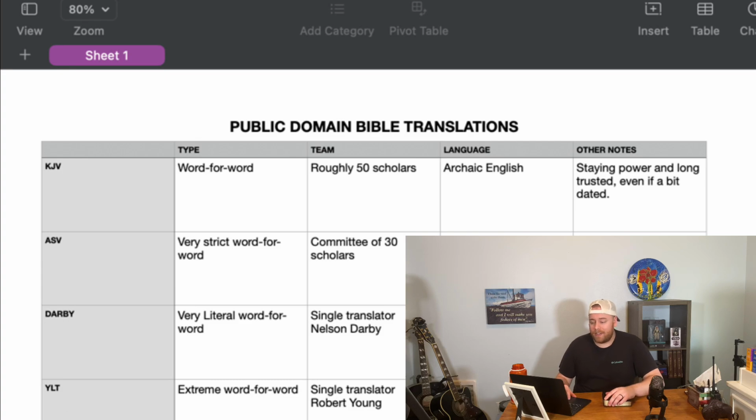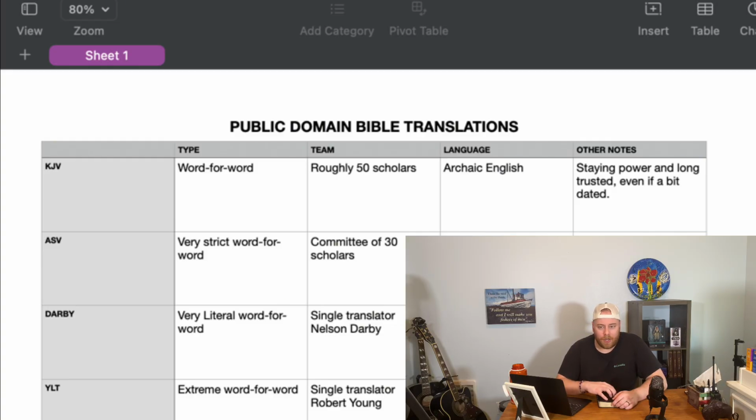It is translated into English, though it is a more archaic form of English, obviously, probably the most archaic on this list. So that is one disadvantage. When you are reading through the King James, many things cannot come across the right way, simply because English has changed in the last 400 years since the King James was written.